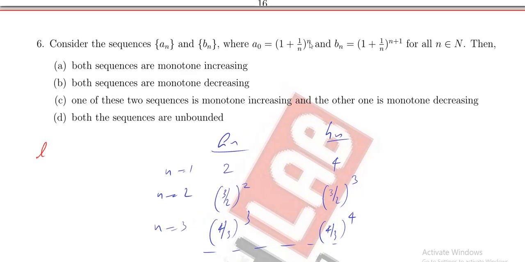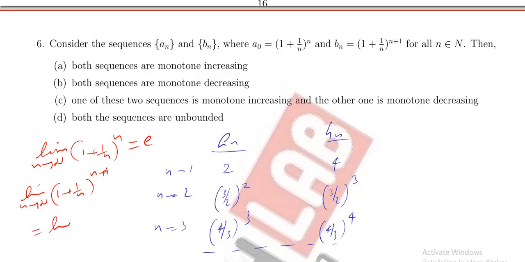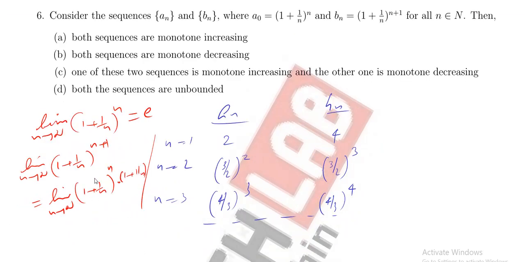As n tends to infinity, (1 plus 1 by n) to the power n is e. That's a standard limit, e. Similarly, the limit as n tends to infinity of (1 plus 1 by n) to the power n plus 1, you can write this as (1 plus 1 by n) to the power n times (1 plus 1 by n). Again, the first part converges to e, and the second part converges to 1. So e is the answer.